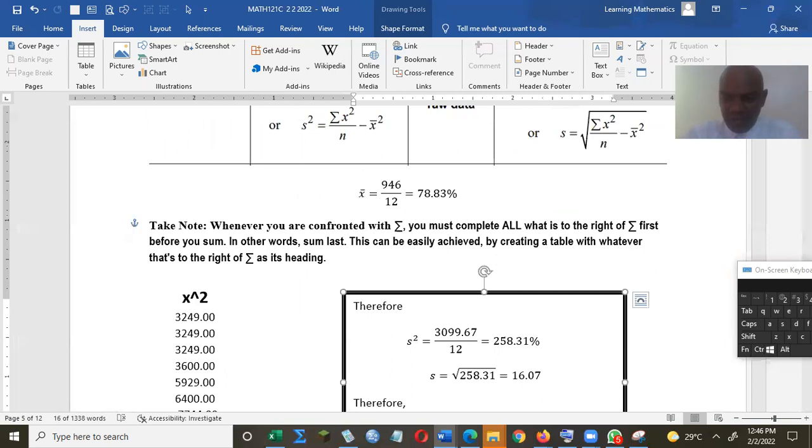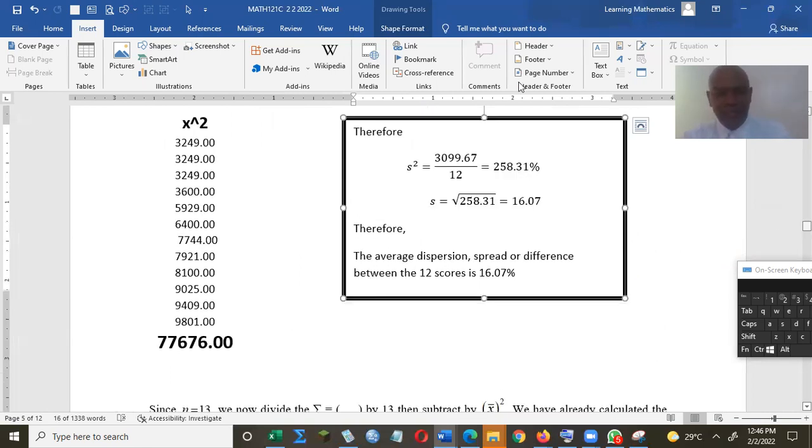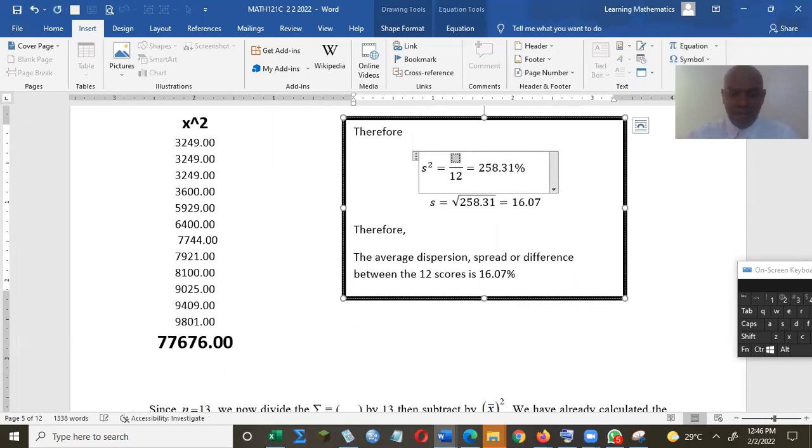Therefore, variance is equal to 77676 divided by 12, subtract the mean squared.